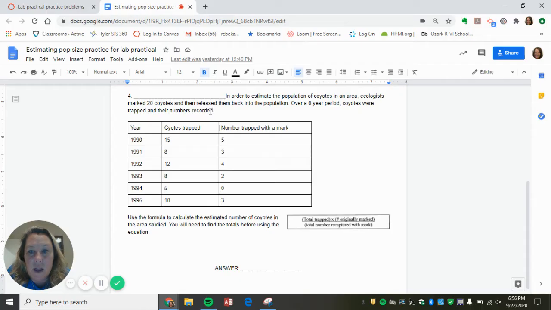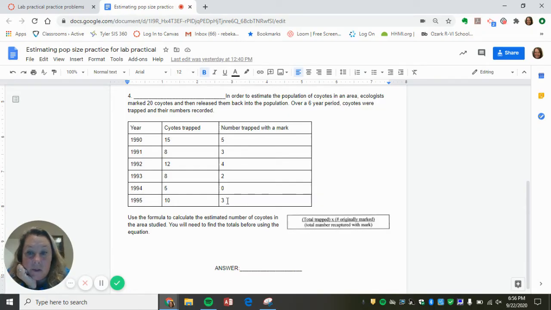They originally marked 20 coyotes, then they released them in the population. Then over 6 years, they trapped this many, and then the number trapped with a mark were there. So the formula is right here.